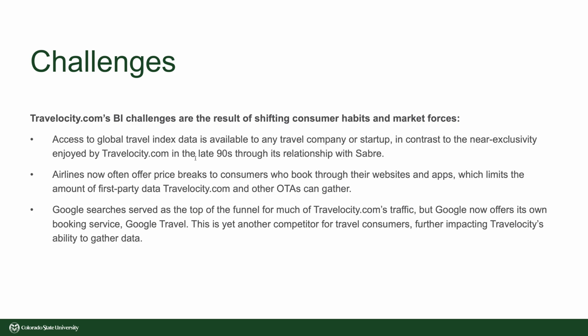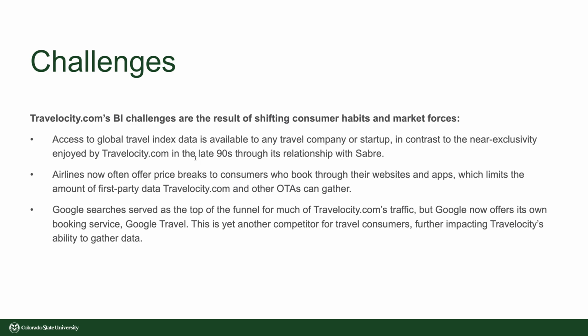And then lastly, Google was really the top of the Travelocity funnel for many years, and really formed the basis of most of the entryway to Travelocity.com for any customers who didn't type the website in directly. But now Google is a competitor, and that's yet another blocker for customers to get to Travelocity in the first place.